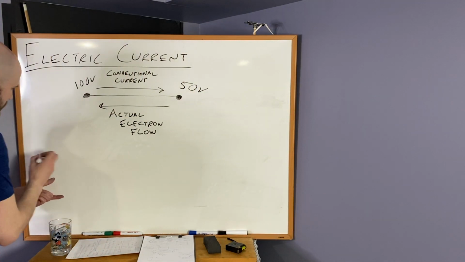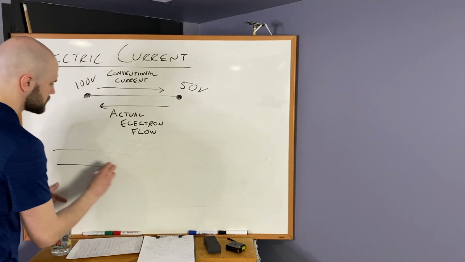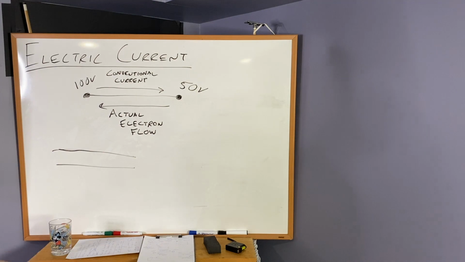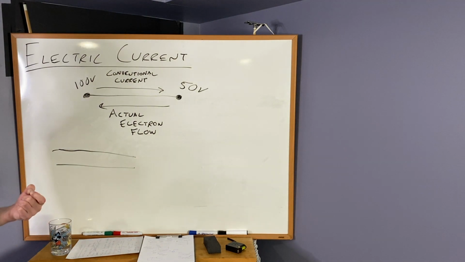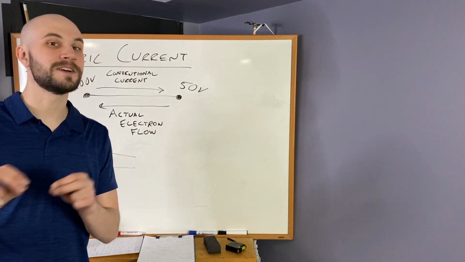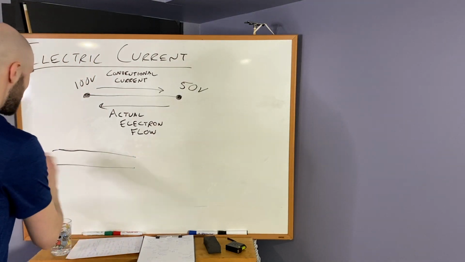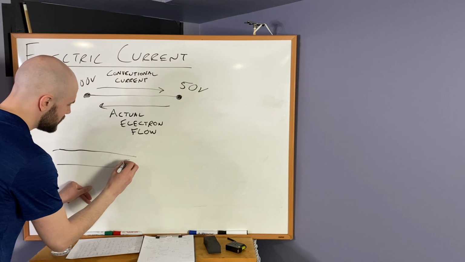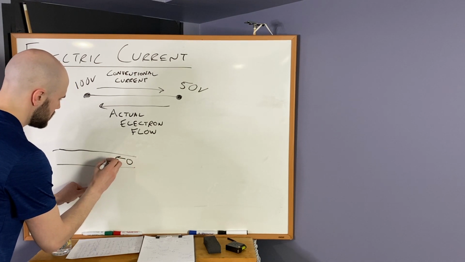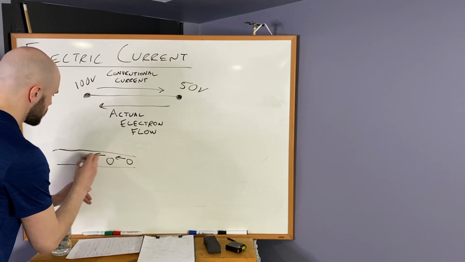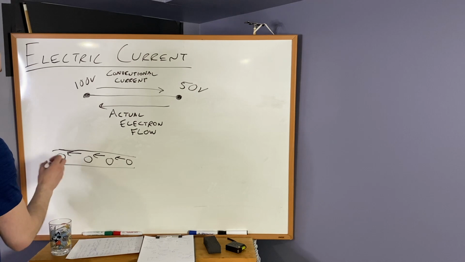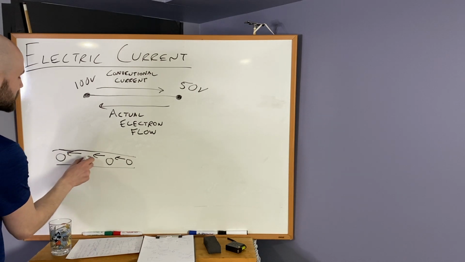Another way to look at this, if it helps you, you could just imagine which way the positive charges would be moving, but really what we're tracking is the holes in a circuit, where the electrons could be. Let's say we have these atoms. Electrons are flowing this way. Really what we're tracking is the location the electron could be in.